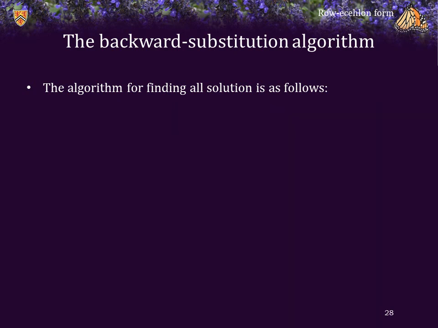We carry on now. We start by assigning K the value of the rank of the matrix. So basically, go to the last non-zero row.